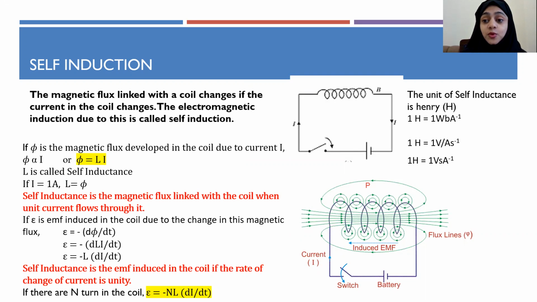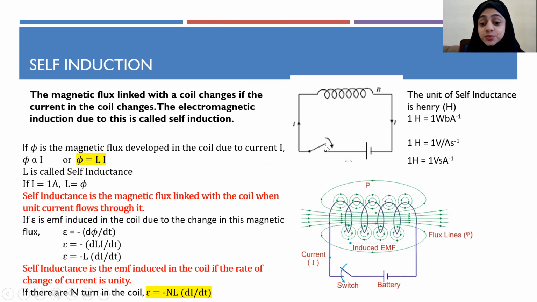The current will flow into the coil from the cell, right? So initially, when the switch was off, the current through this coil was zero and there was no magnetic flux through the coil. So suppose the magnetic flux initially was 0 Webers.